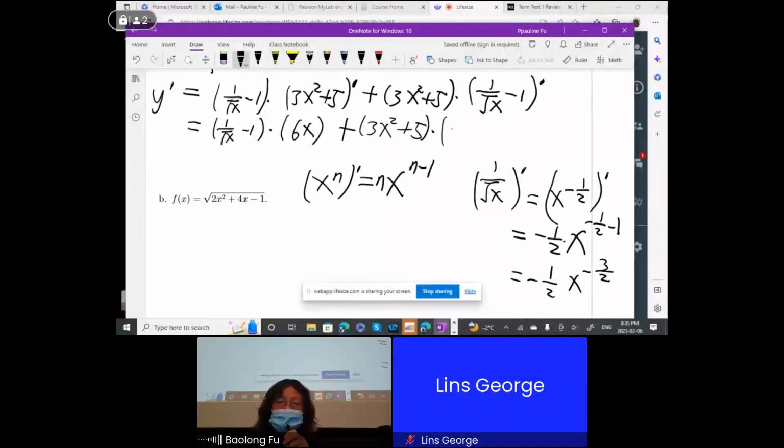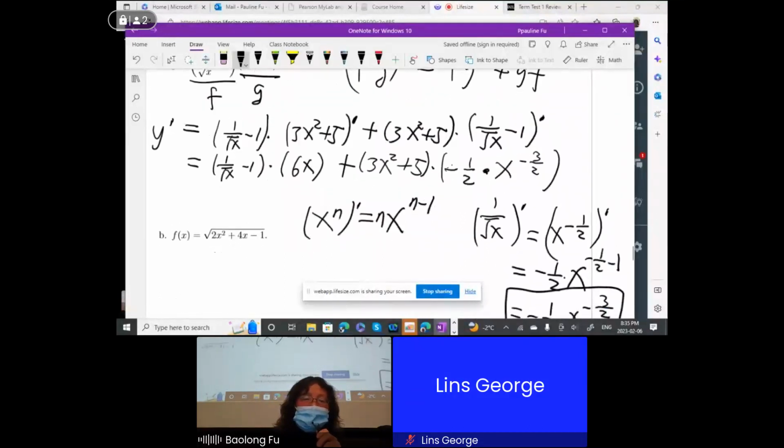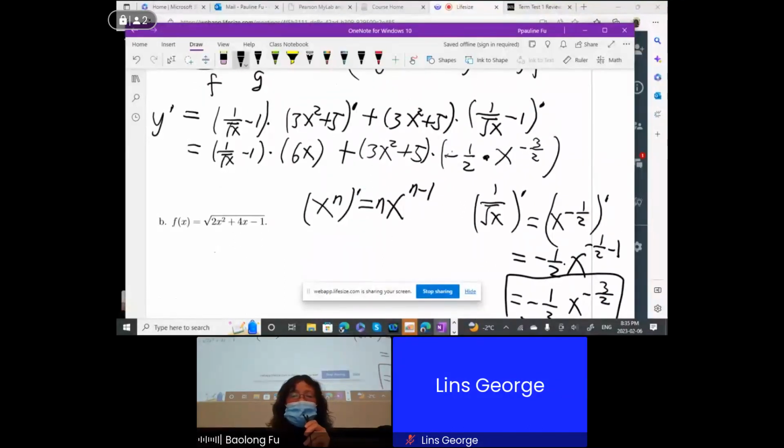So I copy down this result into here. So negative 1/2 times x to the negative 3/2. And then it says do not simplify. Even though it says do not simplify, you can still make a little arrangement.